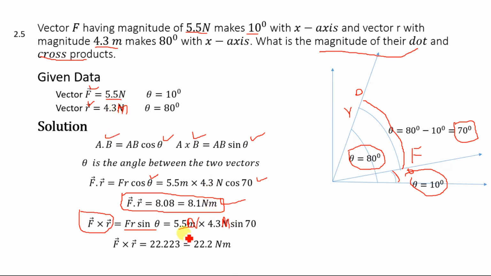So we have 5.5 Newton multiplied by 4.3 meter into sine 70 degrees, and solving this, finally we will get 22.223, which is equal to 22.2 Newton meter, and this 22.2 Newton meter is torque, and this 8.1 Newton meter is work or energy.